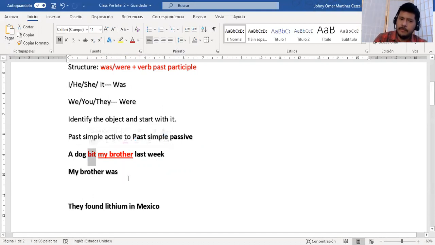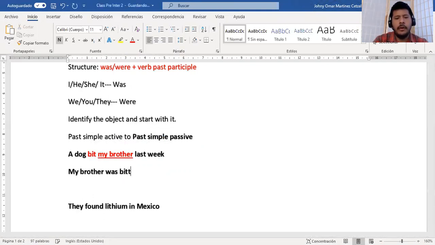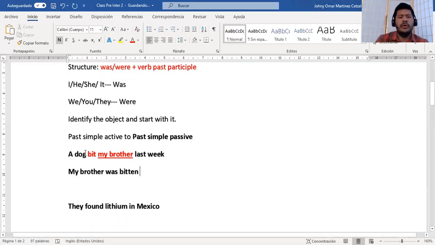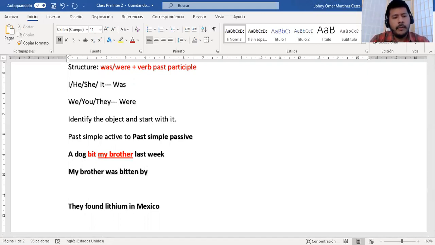So it's bite, bit, bitten. So my brother was bitten, and you have to consider who did it. Who did it? A dog. Is it important? Yes. It could be by a snake, by another person, by a cat. So in this case, by a dog, it's important, so we can include it. So my brother was bitten by a dog.